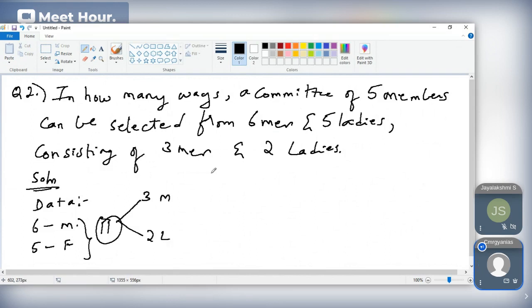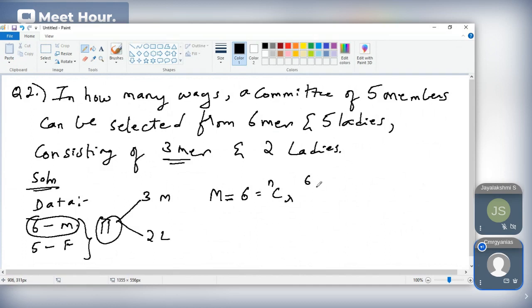Now they are telling there are 6 men and I need 3 men. So men is equal to 6. In the 6, if I have to select 3, then what will it come as? nCr, right? So here what is n for men?